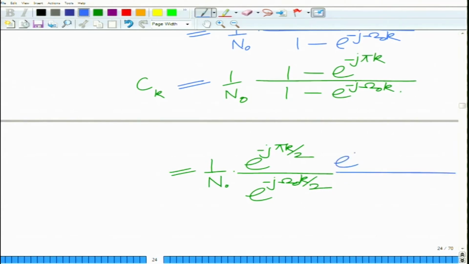times e raised to j pi k over 2 minus e raised to minus j pi k over 2, over e raised to j omega naught k over 2 minus e raised to minus j omega naught k over 2.